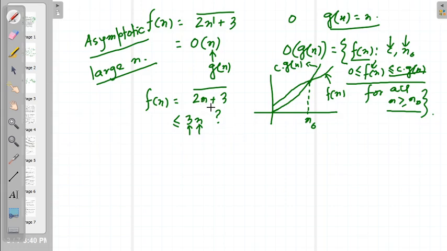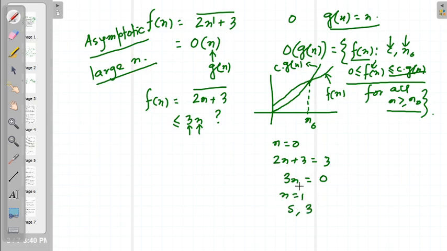So let us look at this. When n equals 0, what is the value of 2n plus 3? That value is 3. What is the value of 3n? It is 0. So this condition is still not getting satisfied. For n equals 1, this will be 5, and this will be 3n, 3.